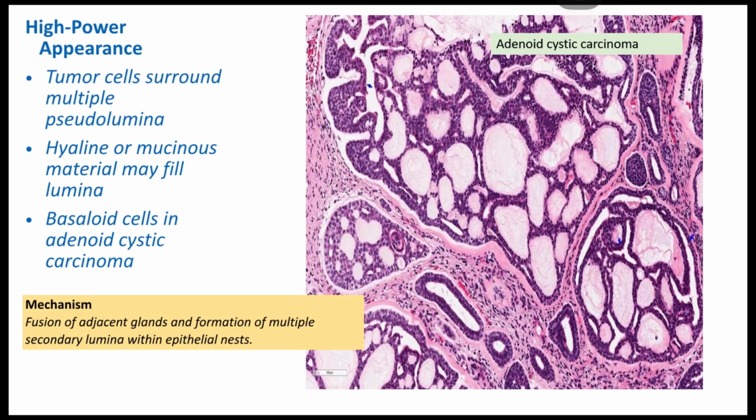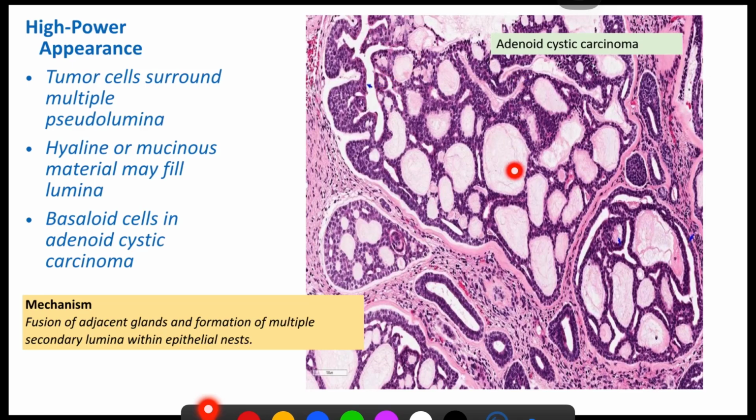Again in high power view you can see tumor cells, which have pseudolumina. What is the mechanism here? There is fusion of adjacent glands. So nearby glands are fused together and form multiple secondary lumina within this epithelial nest.